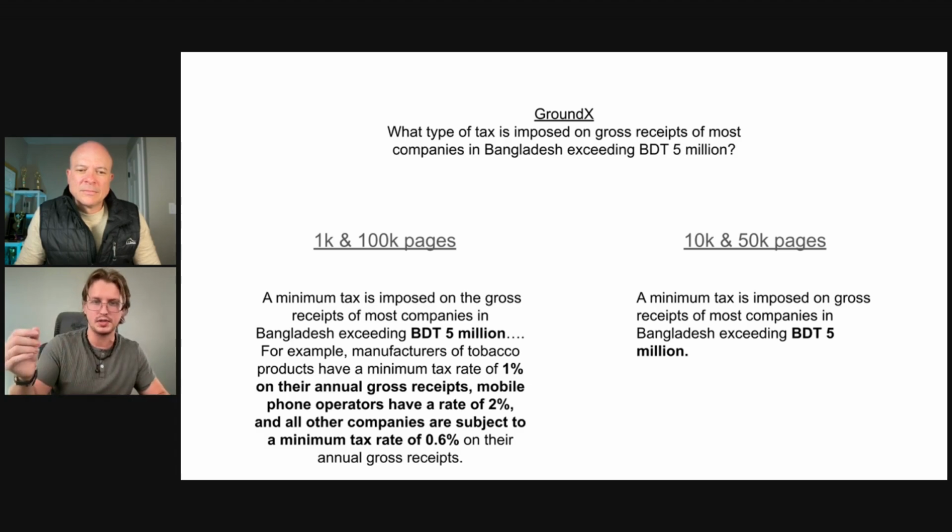On 1,000 and 100,000 pages, it got basically all of the information that we deemed to be the correct answer. And on 10,000 and 50,000 pages, it only provided a subsection of what we deemed to be the correct answer.